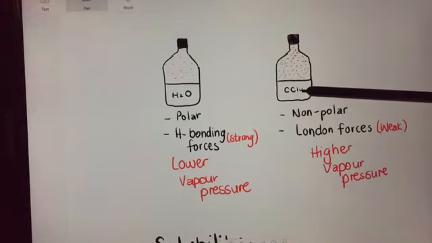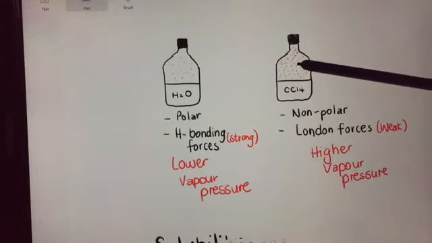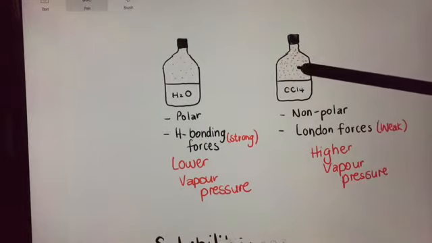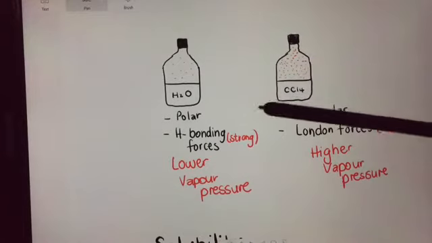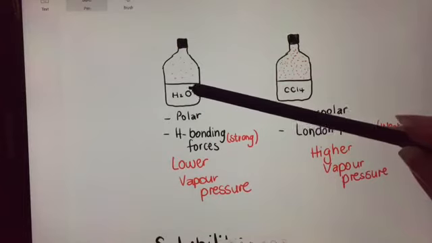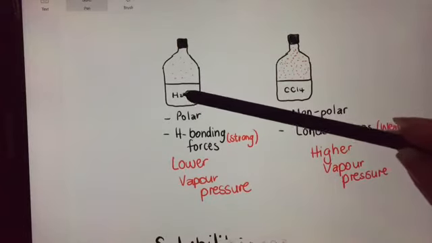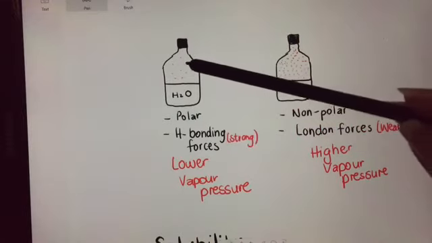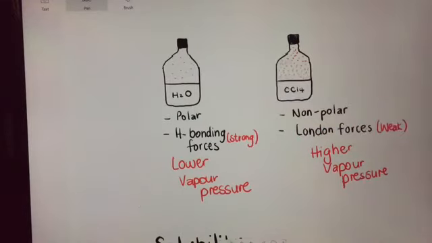Because of the weak forces, it's quite easy for these particles to go from a liquid to a gas. That is why, where we have weak intermolecular forces, we have a high vapor pressure, compared to over here, where the intermolecular forces are stronger, keeping the particles together. So strong intermolecular forces go with a lower vapor pressure.